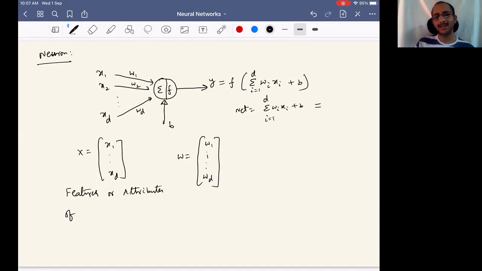It can be any sample. Fine. So you should not lose the real picture of what's happening here when we go to the theory. So x is the features or attributes of samples to be classified.